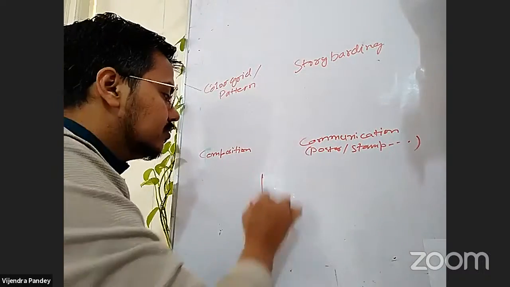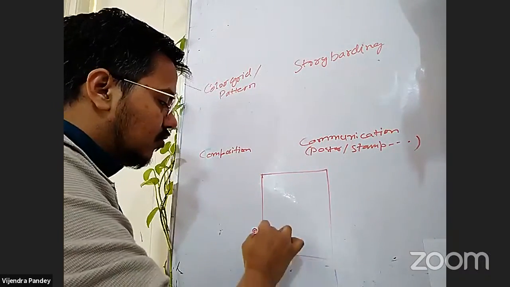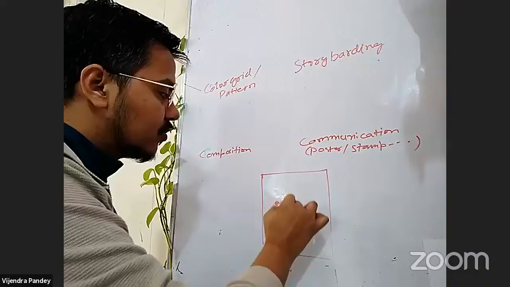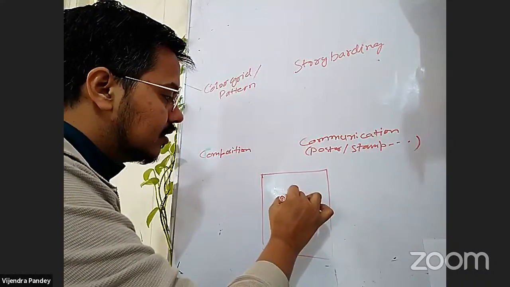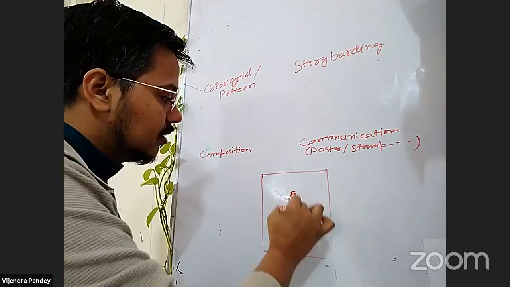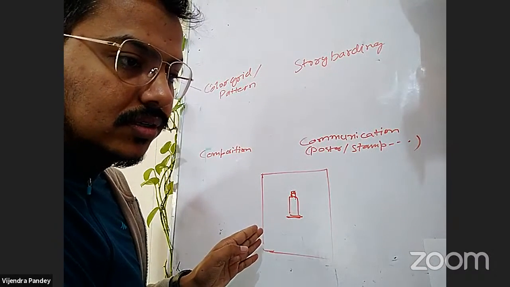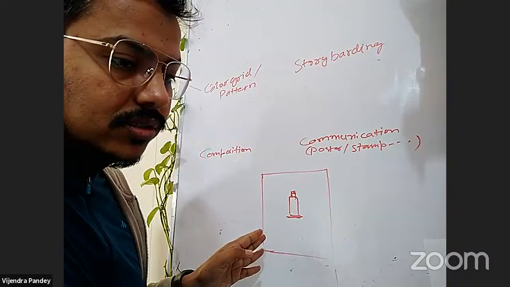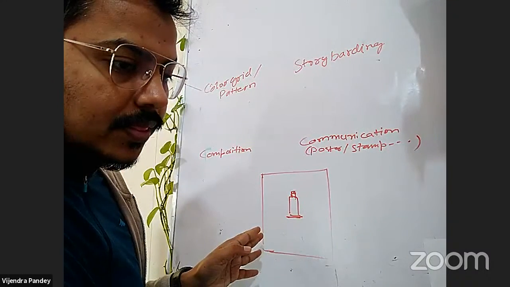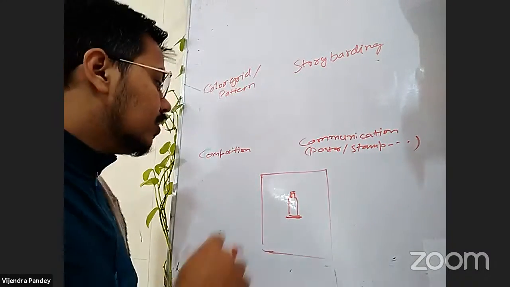Like if you have one product to draw in this space and you're drawing like this, this is a horrible composition.